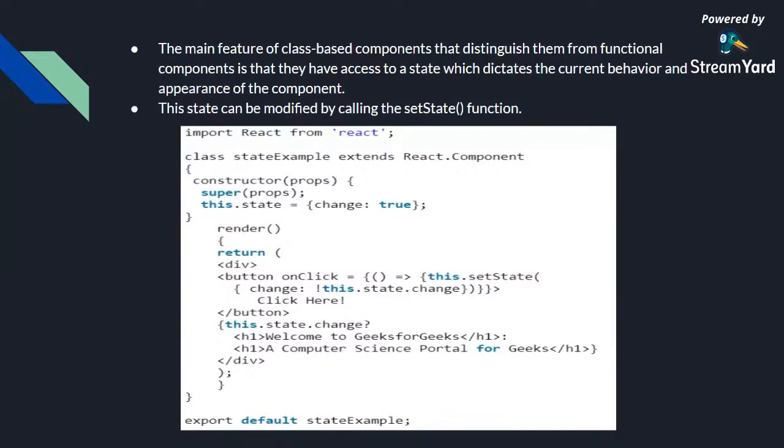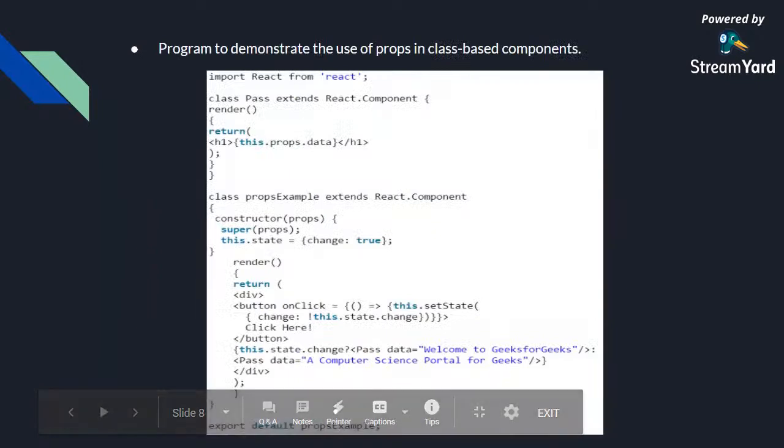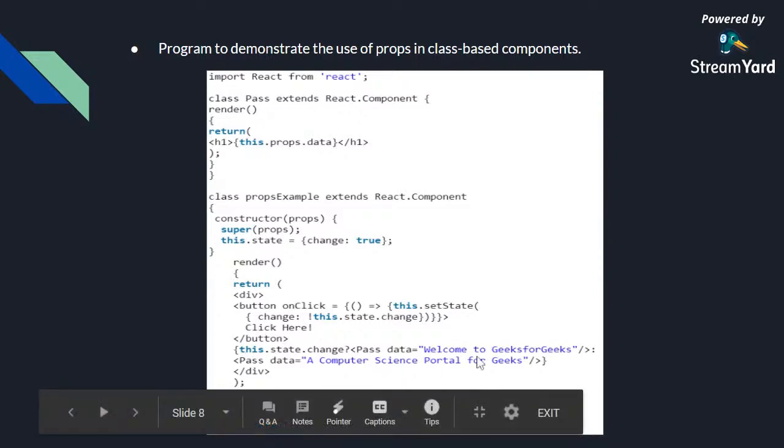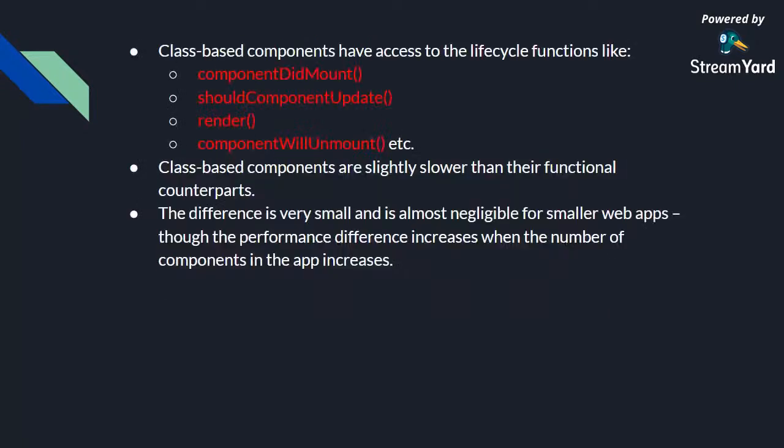In the first example, we just changed the value of the state and showed the h1 tag according to the state value. And in this example, we disintegrated the already made component into another component, then passed the data as a prop and showed that data in the pass component, or the child component. This is how we can disintegrate components into smaller components, right?